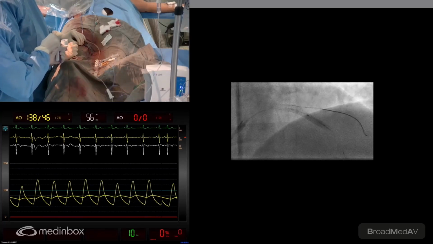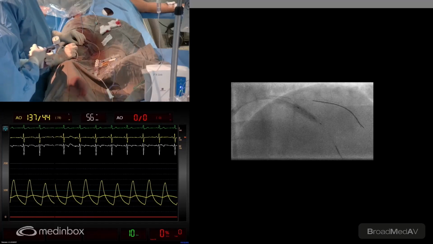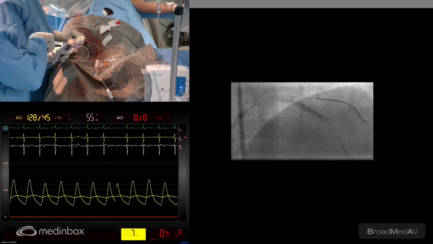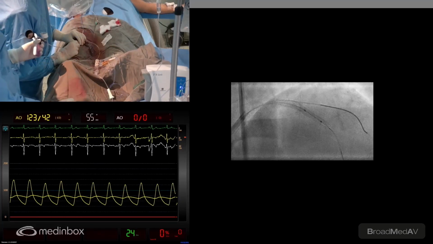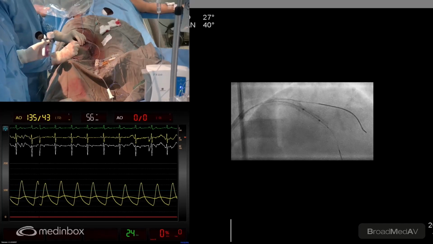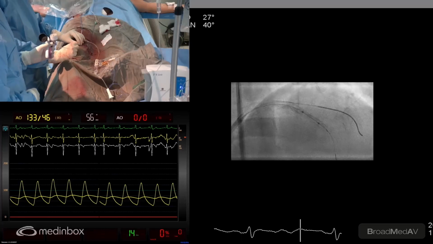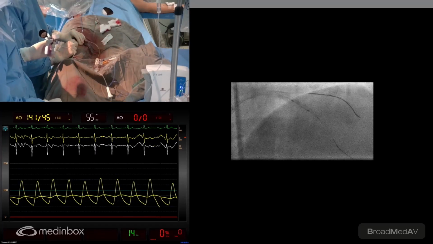So we are using the stent boost live. 12, 13, 14. Deflate. We can go a little more distally. Yeah, I'll just do another stent boost and see. We need to go in a bit more, I think. Now we can just go a little distally and take a cine.